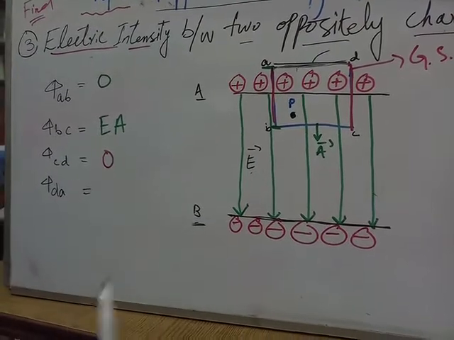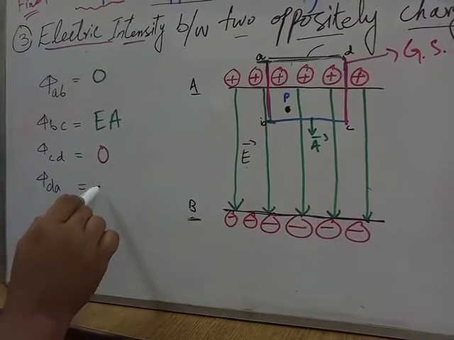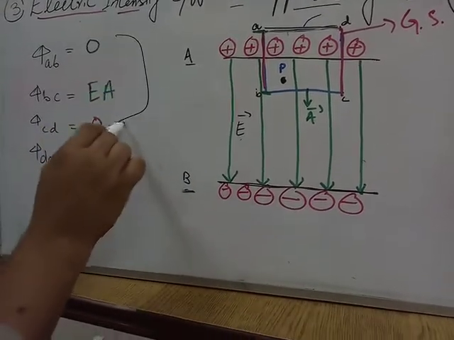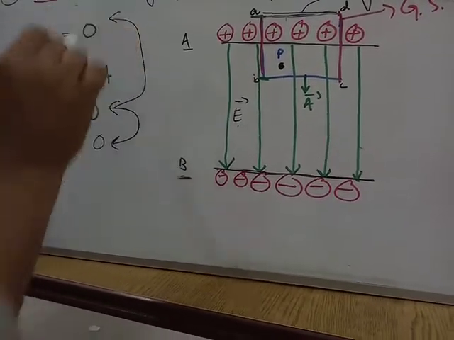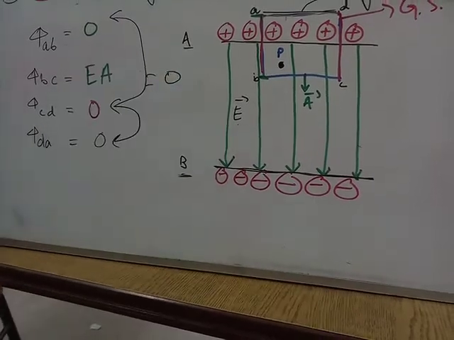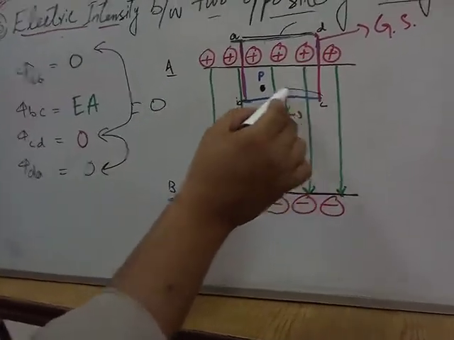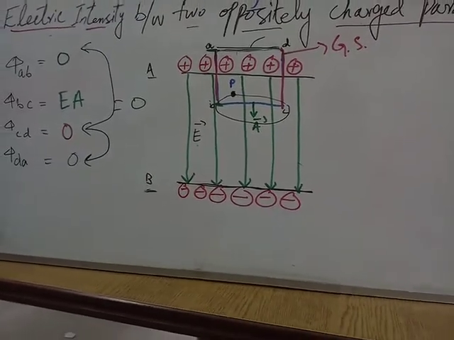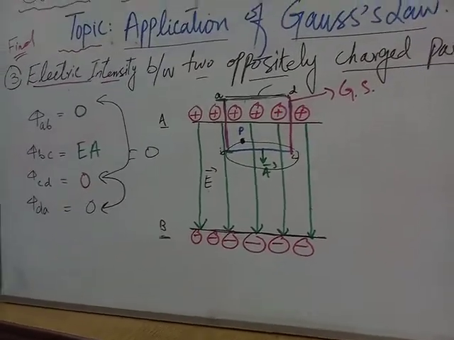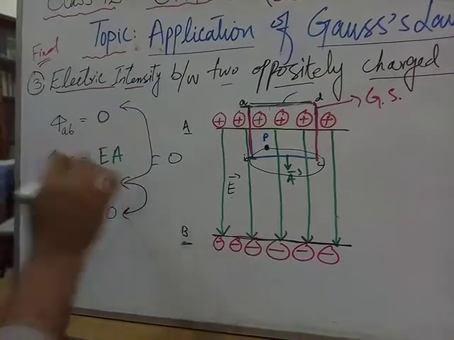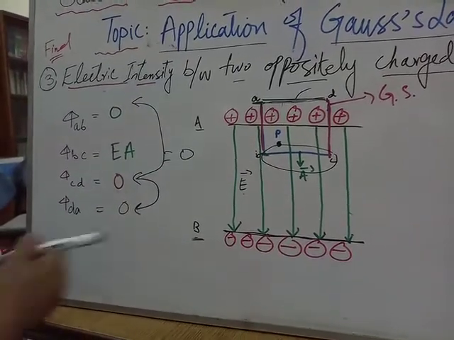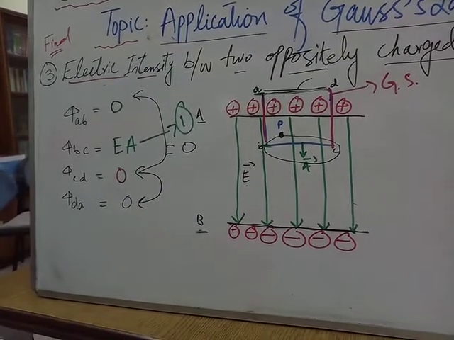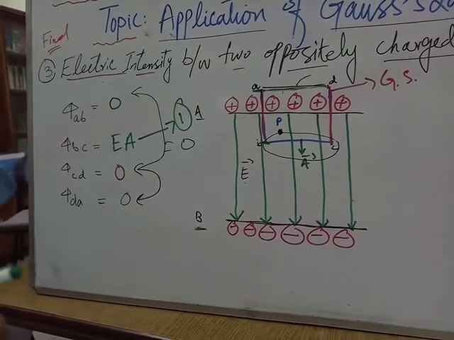When no electric field lines cross any surface, the flux is 0. So for these three surfaces, the flux is equal to 0. Only the lower surface, which is perpendicular to the electric field lines, gives a flux equal to EA. So by definition of flux, the flux for BC is equal to EA.